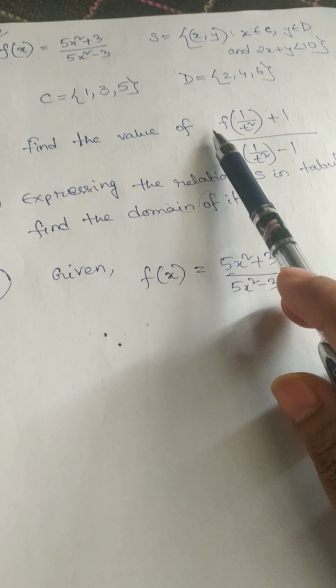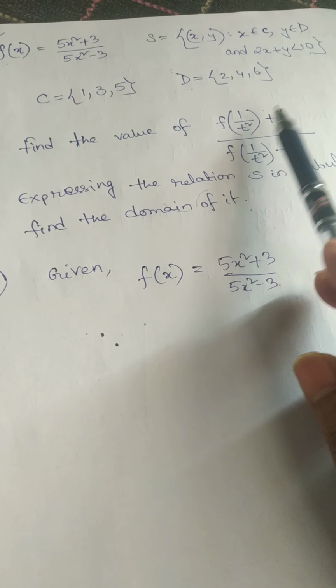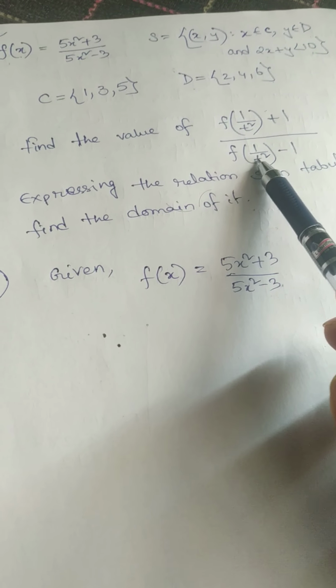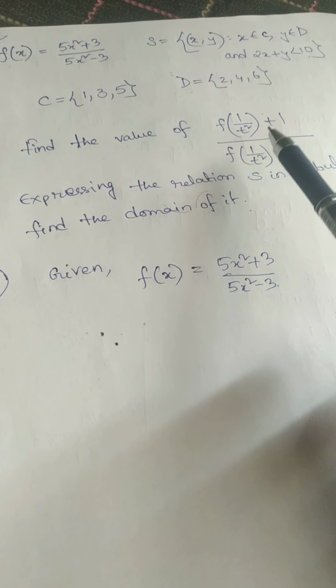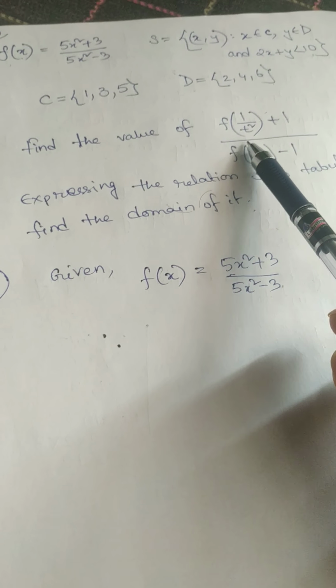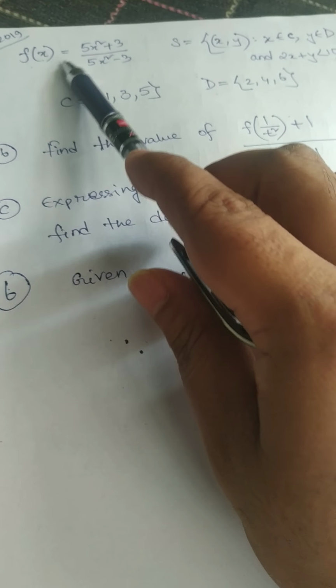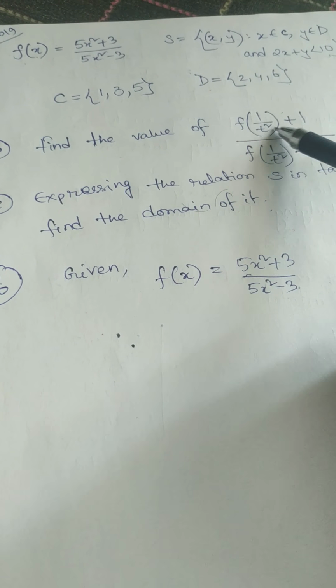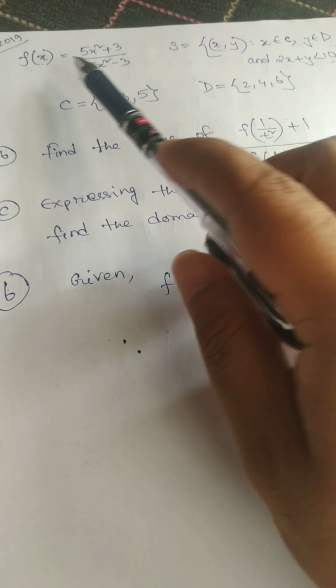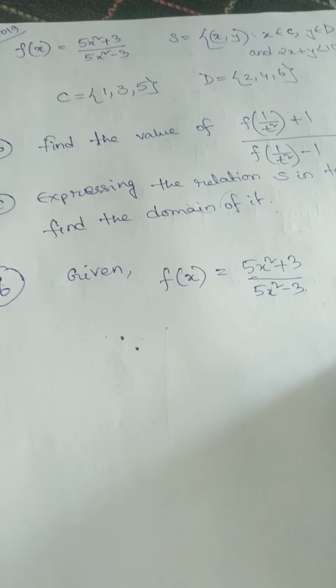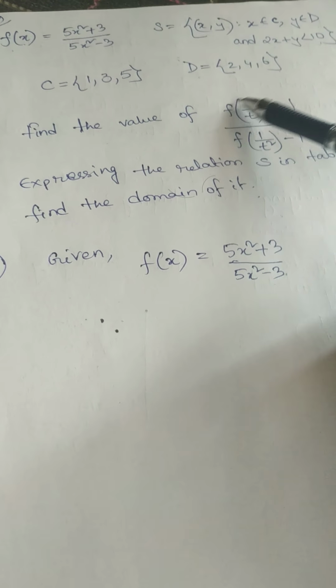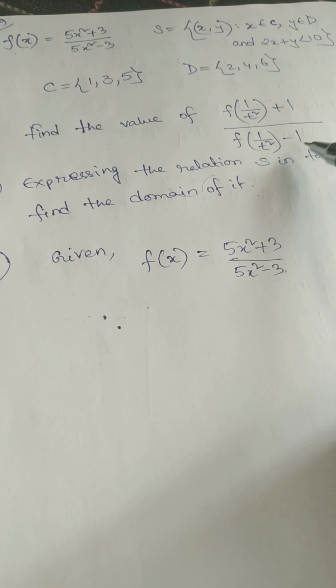In order to find this value, we need to express this function in terms of 1 by t square. Then only we can find the value of the whole.